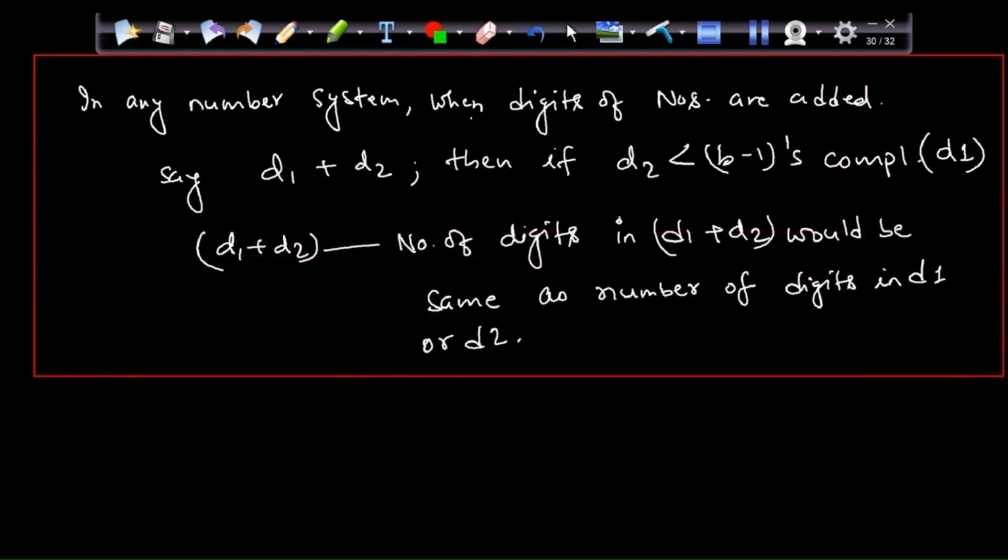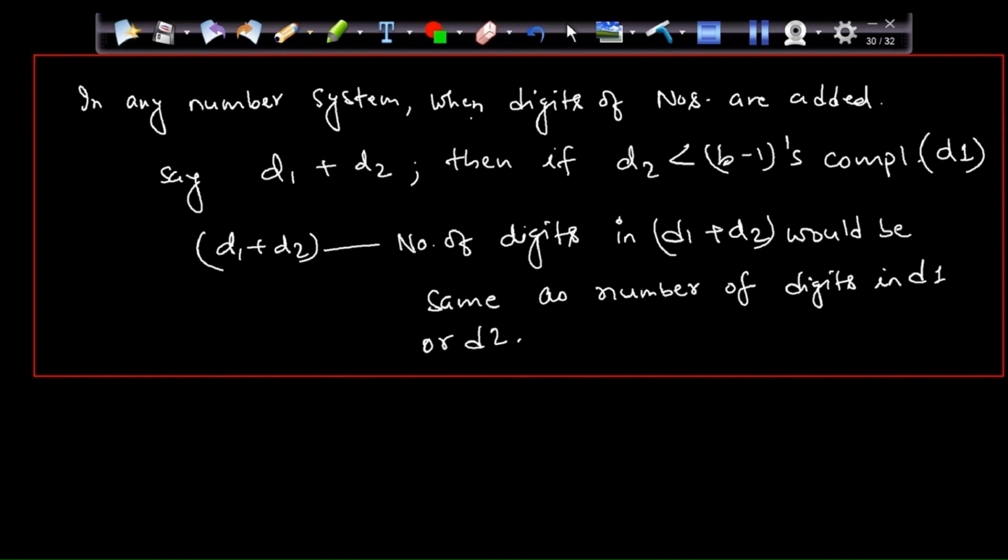In any number system, when digits of numbers are added, say d1 plus d2, if d2 is less than or equal to the (b minus 1)'s complement of d1, then in d1 plus d2 the number of digits would be the same as the number of digits in d1 or d2. And we are considering d1 and d2 both to be of the same number of digits.